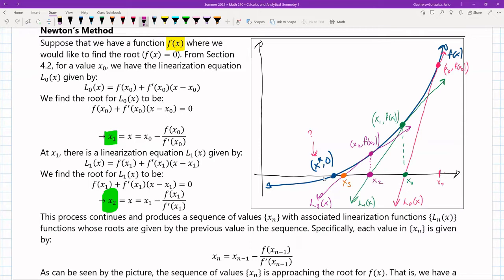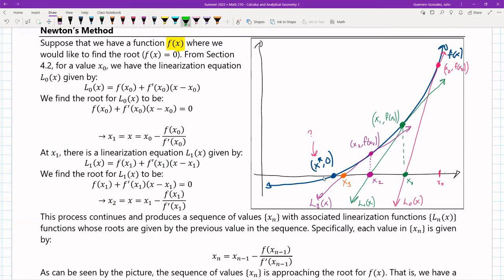I can continue on, and continue and continue. I'm going to stop at x3 at least in terms of the picture. I stopped at x2 in terms of the values and the functions and what we were solving. But we can continue this process over and over again. I'm going to color code these.